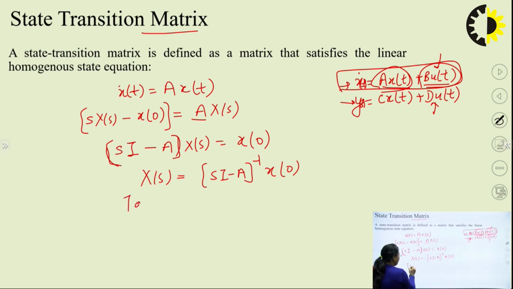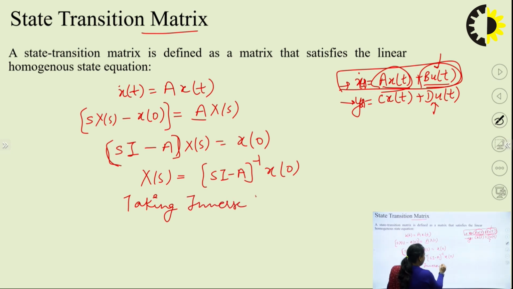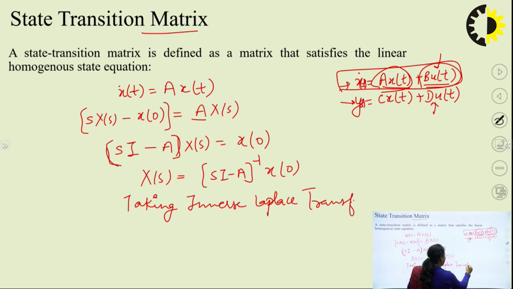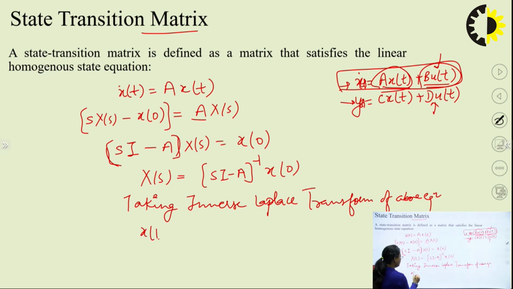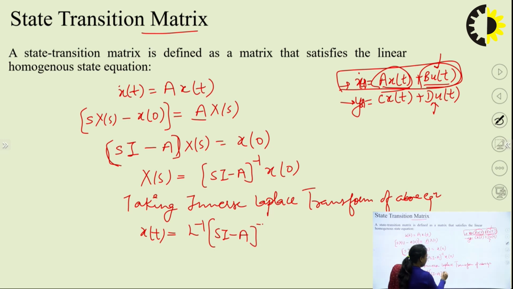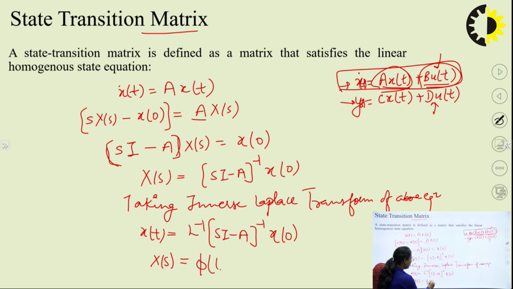Now taking the inverse Laplace transform of the above equation, we get x t is equal to Laplace inverse of (sI minus A) inverse into x0. Now we also know that X(s) is equal to phi(s) into x0.